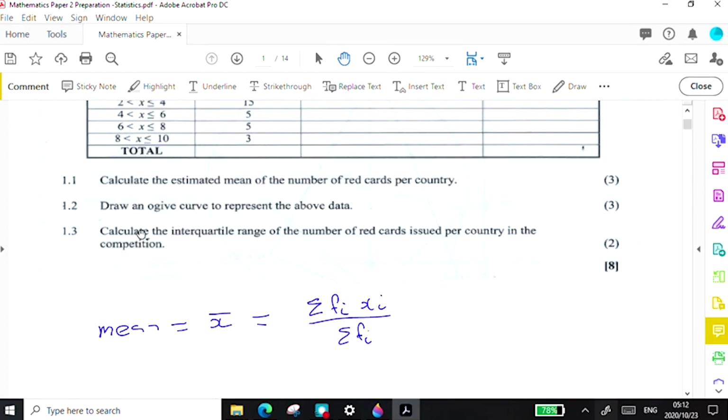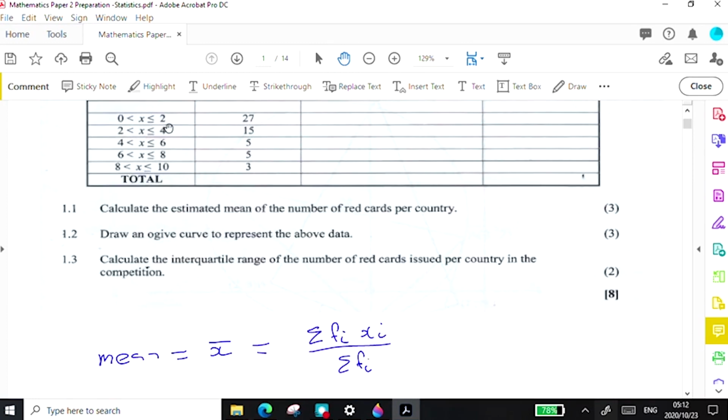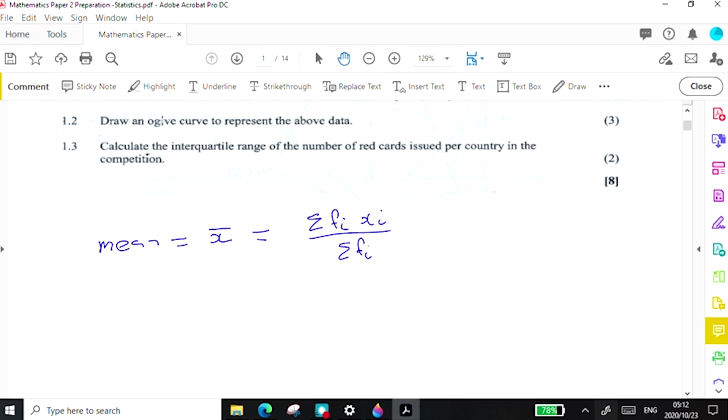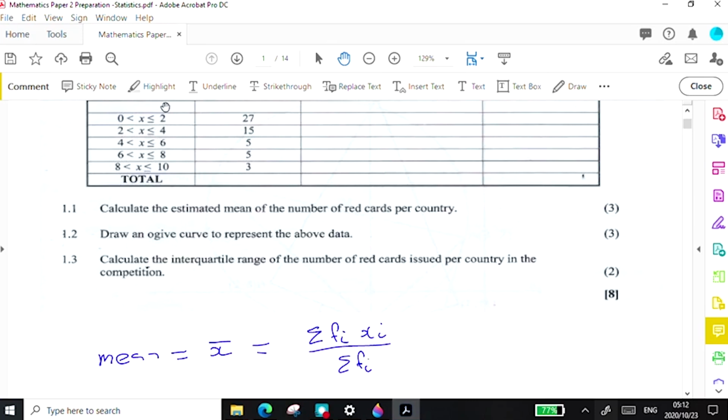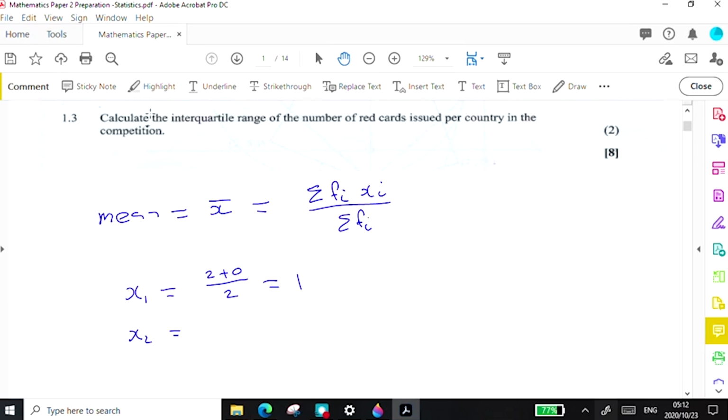To find the midpoint of the interval, we take the upper limit plus the lower limit divided by 2. That is, x1 is 2 plus 0 divided by 2, which is equal to 1. And x2 will be 4 plus 2 divided by 2, which is 6 divided by 2, which is 3.